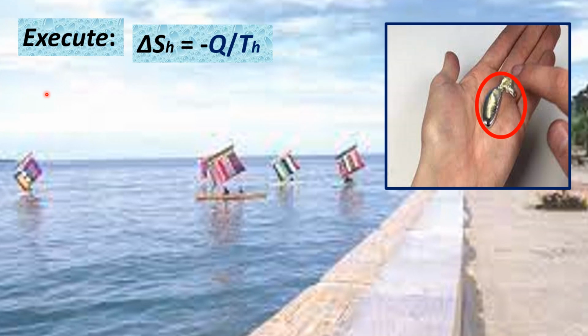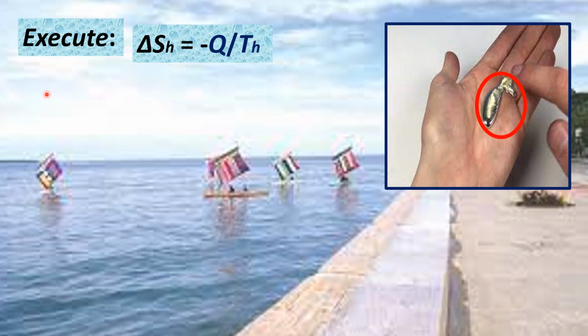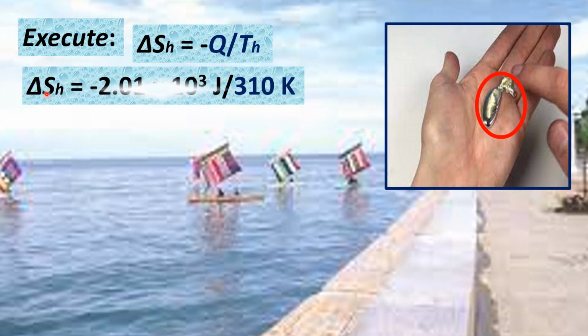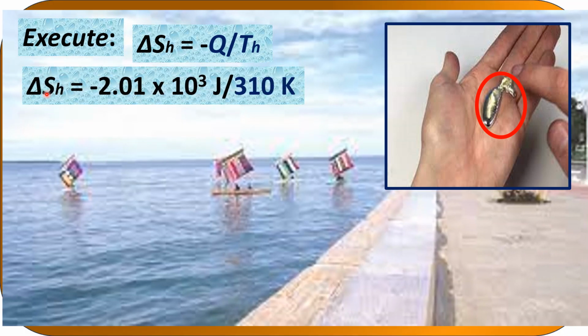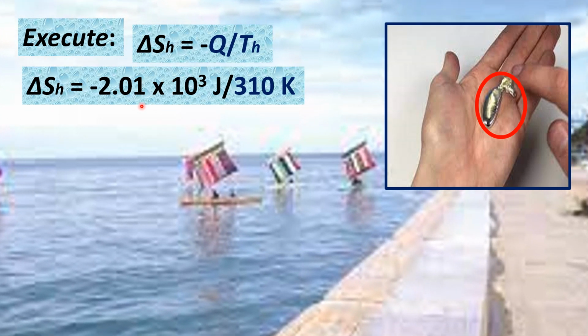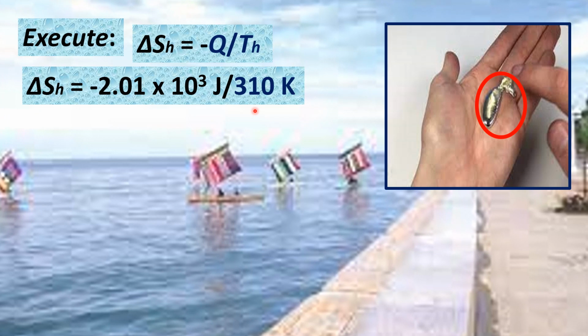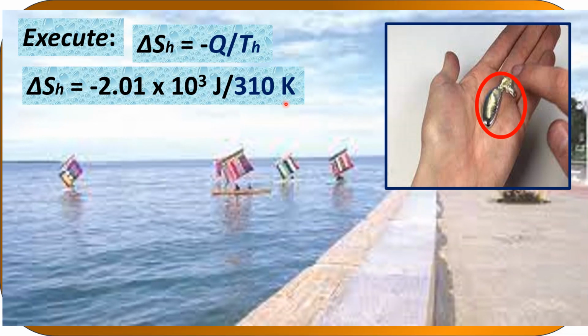Likewise, for the hand, we can calculate the change in entropy, delta S of the hand, equals negative 2.01 times 10 to the third power joules divided by 310 Kelvin.